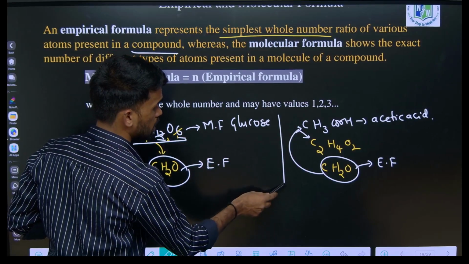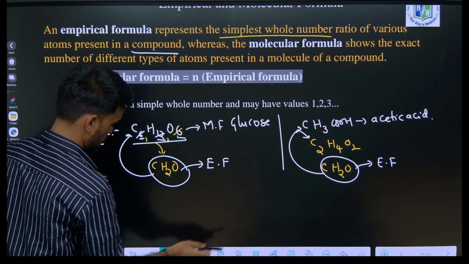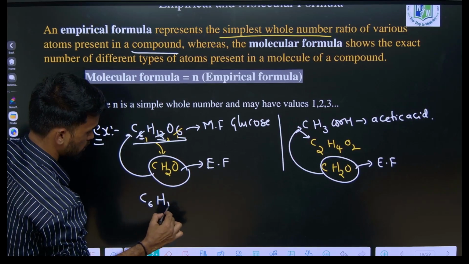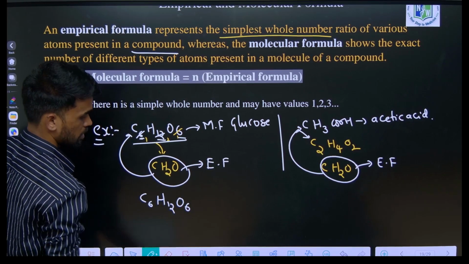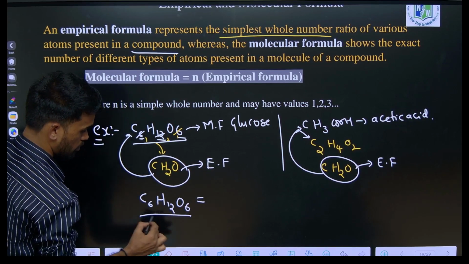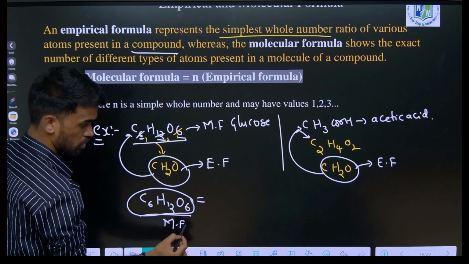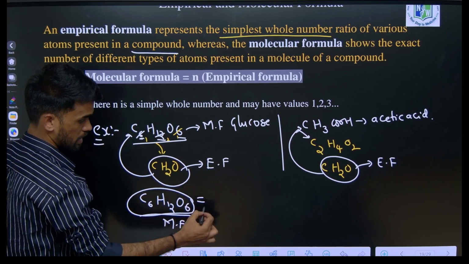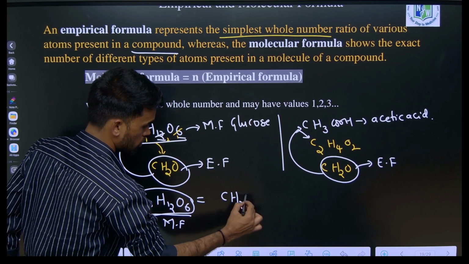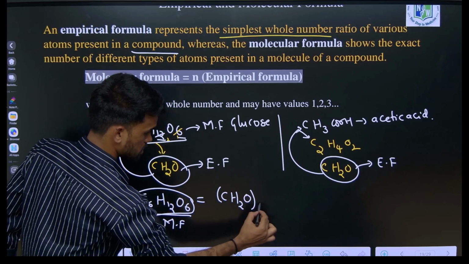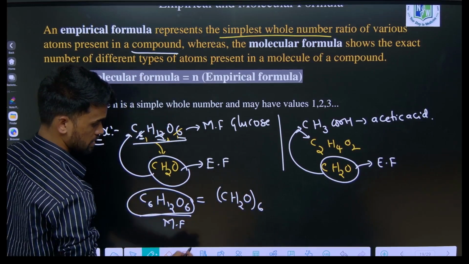Now how do we relate empirical formula and molecular formula? See here, C6H12O6, this is a molecular formula, right? Now this molecular formula I am just making as CH2O multiplied by 6.